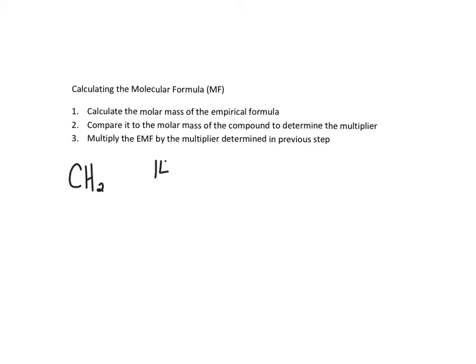So we have 14.03 grams per mole for our empirical formula. Let's say the compound has the molar mass of 42.09 grams per mole. And you would have to be given this information. You'd be given the molar mass of your entire compound.